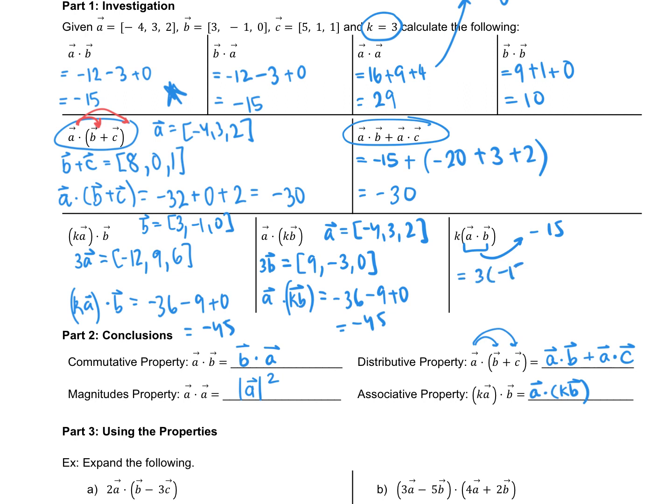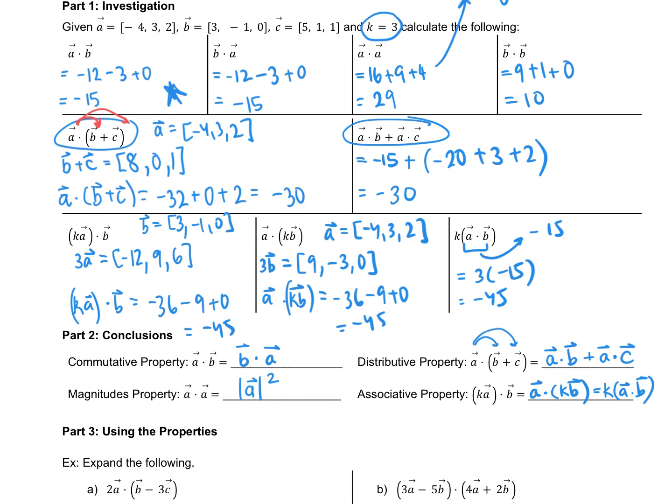So 3 for that scalar times -15, that's the exact same as well. And this is the associative property. So it does not matter when you deal with that scalar multiplication. The dot product will not be affected.